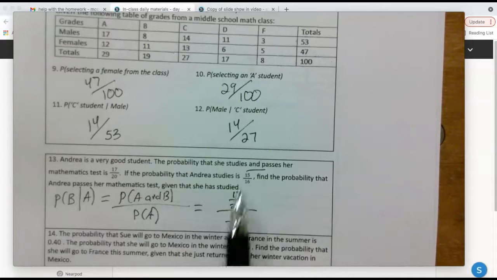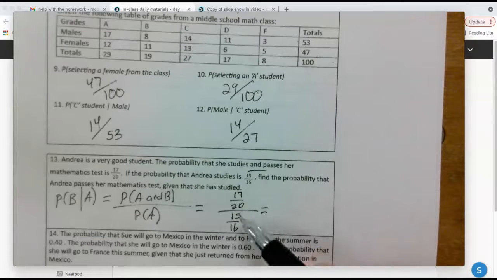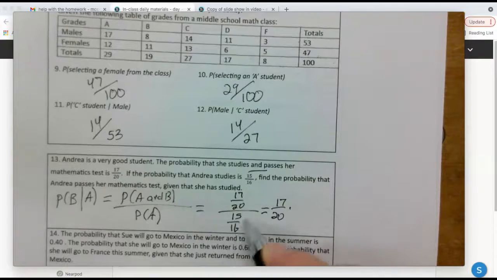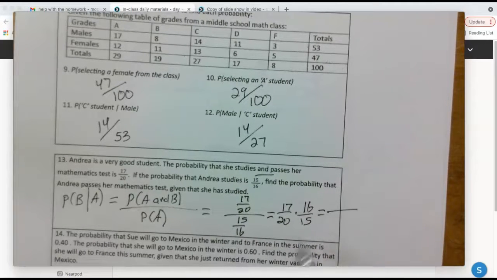That's what this is right here. Well, you might remember, guys, we're dividing a fraction into another fraction. Invert and multiply. Just write the top one, 17 over 20, times. Flip this one around and multiply. 16 over 15. And just multiply across, all right? Go ahead, you can go ahead and do that.